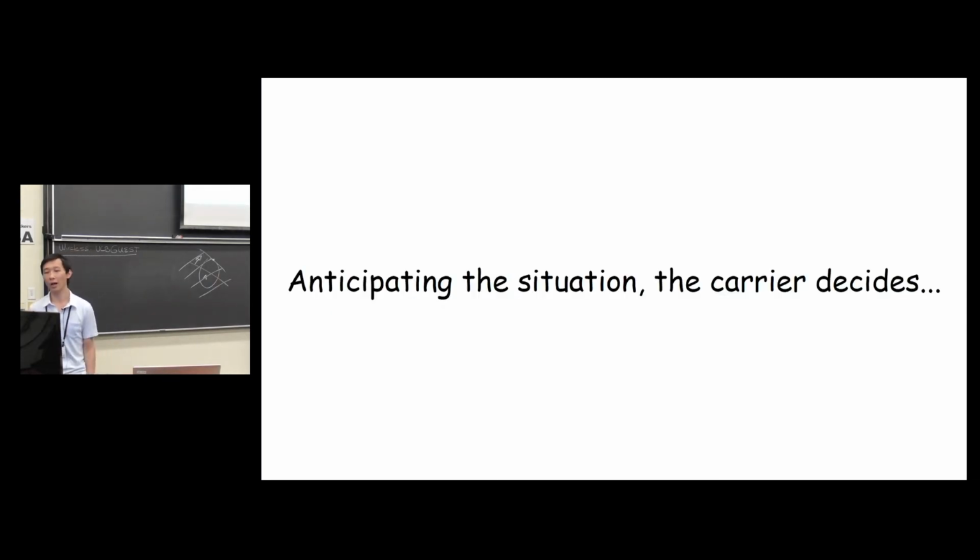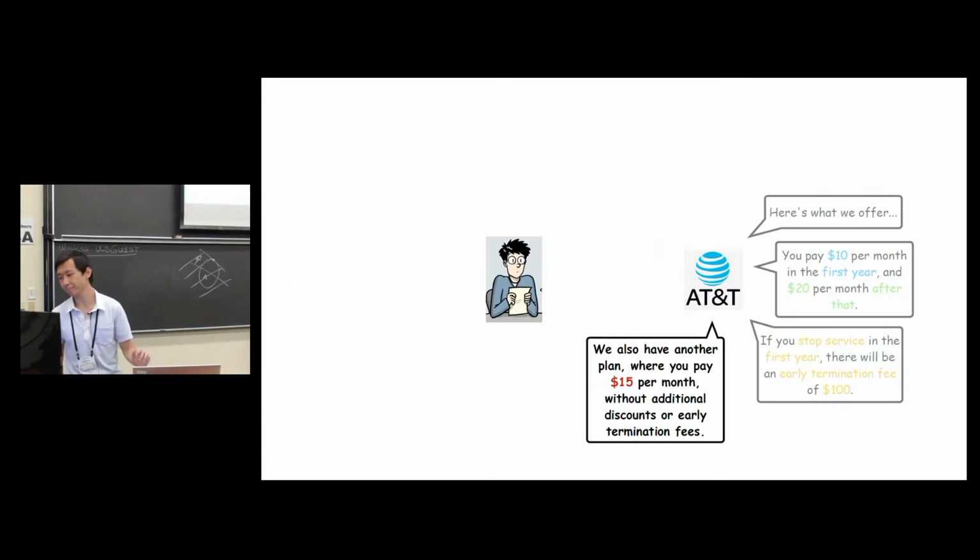Anticipating this situation, the carrier decides to offer something different. The carrier says, here's another plan. You pay $15 per month. That's a flat fee, no discounts, no nothing. How about that? That gives the agent a different MDP, a different problem to solve.